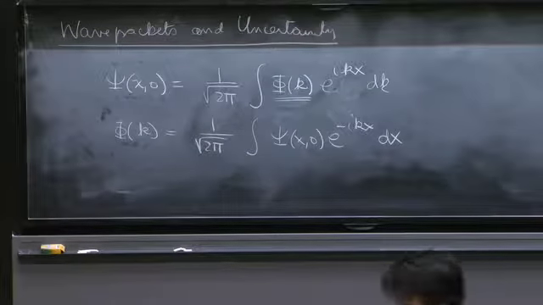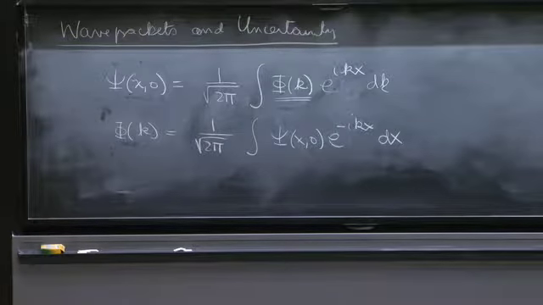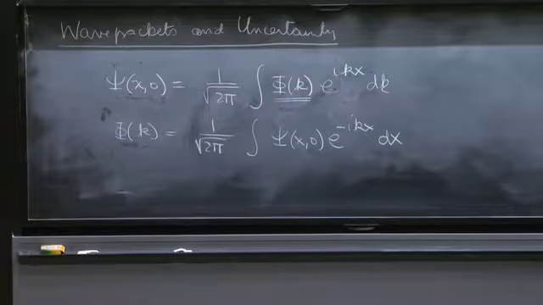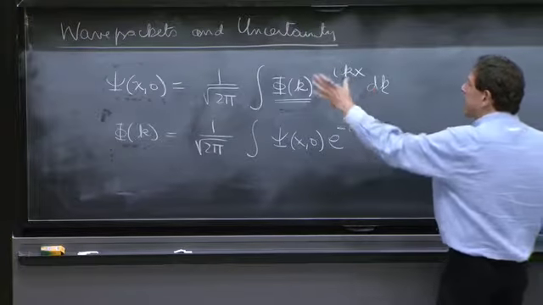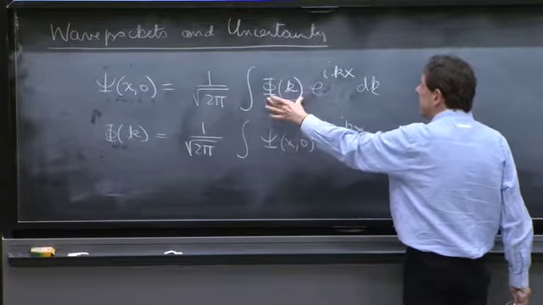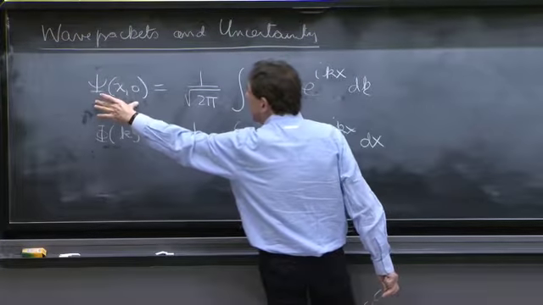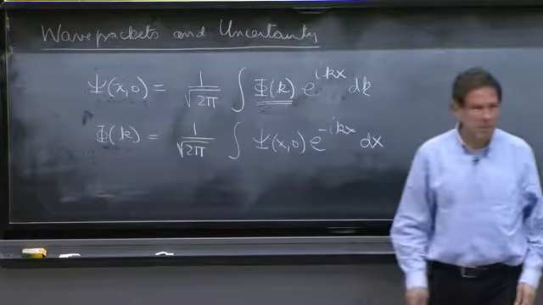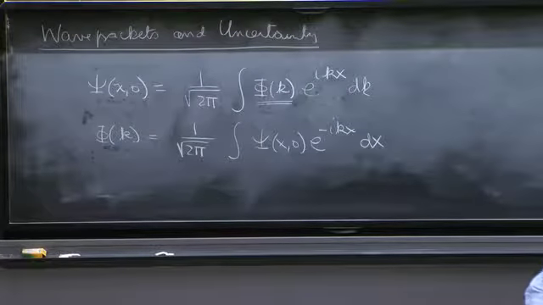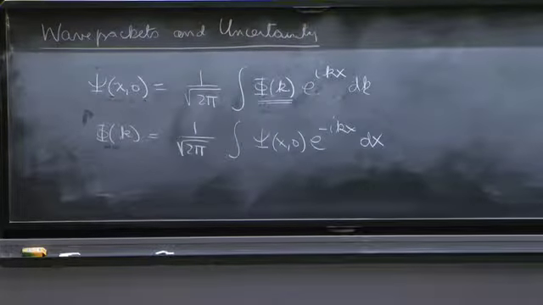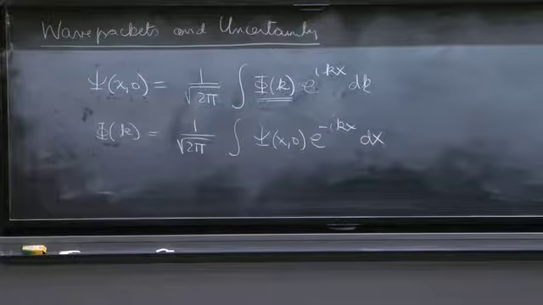So that is our real goal, understanding the role of uncertainties here. If phi of k has some uncertainty, how is the uncertainty in psi determined? So that's what we're looking for. So, relationship of uncertainties.